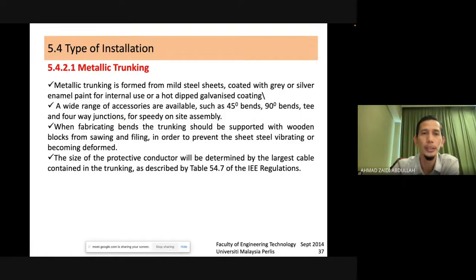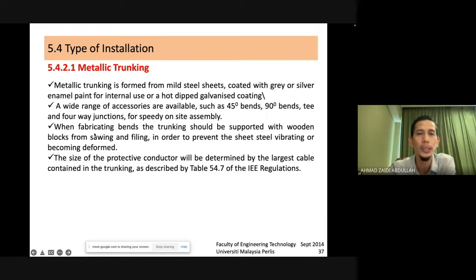A wide range of accessories are available, such as 45-degree bend, 90-degree bend, T and 4-way junction. They are already sold as accessories. Before, we needed to cut by ourselves to bend it to 45-degree or 90-degree, but right now we can buy it because a lot of accessories are available.